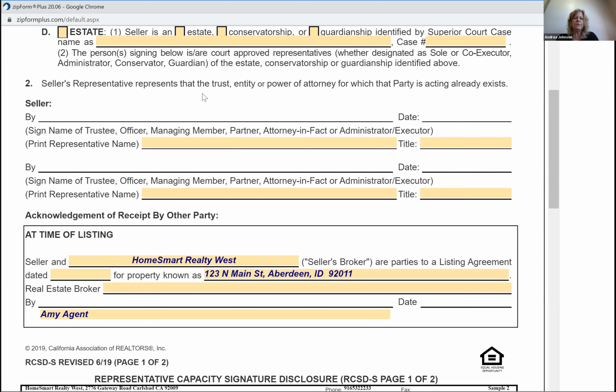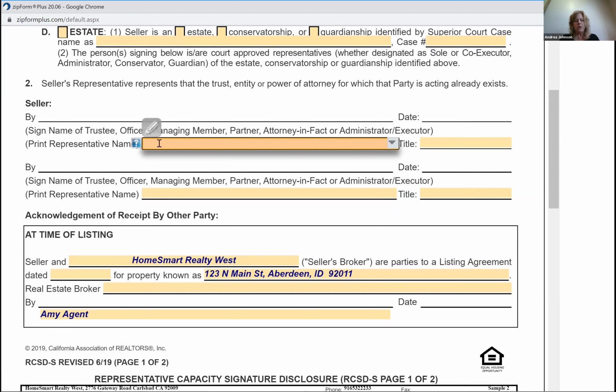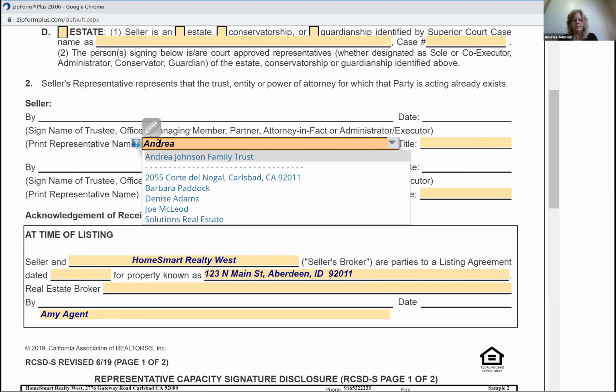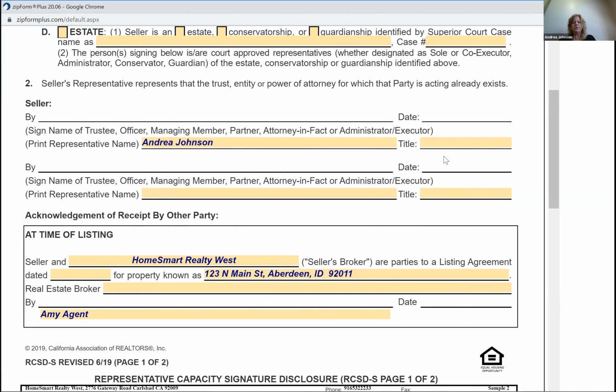So the seller's representative represents that the trust entity or power of attorney for which that party is acting already exists, and they're also basically saying that they are the authorized signer for that trust. And then what's their title?